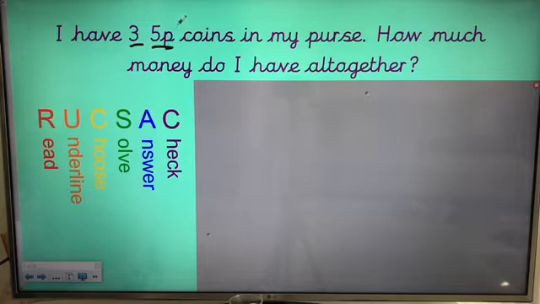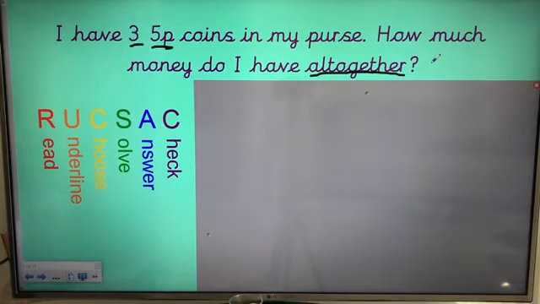Now, you must remember that we're dealing with money here, so our answer is going to need to have p on it. It's going to need to have pence. So I have 3 5p coins in my purse. The fact that they're in the purse isn't important. How much money do I have all together? We always underlined all together when we were doing our addition word problems as well.